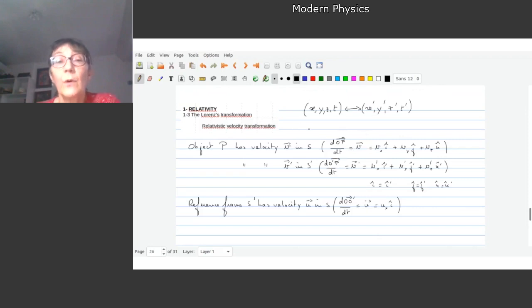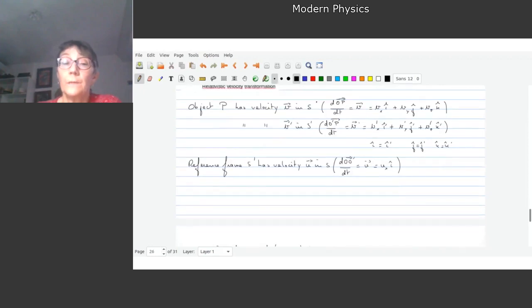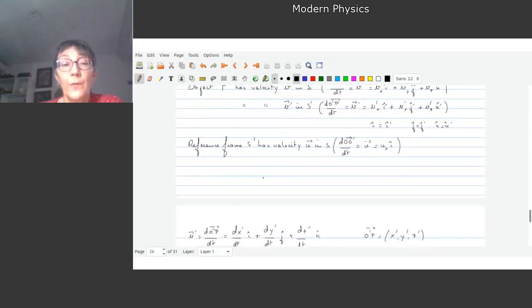But we would like to know now how do you pass from Vx, Vy, Vz, to describe the velocity of this particle in another referential. So this is V prime x, V prime y, V prime z. This is what we are trying to do now.